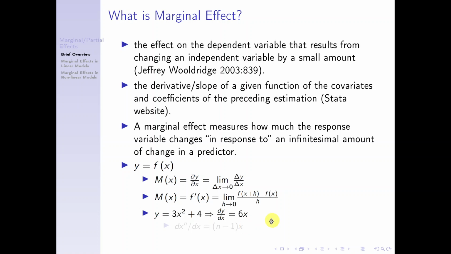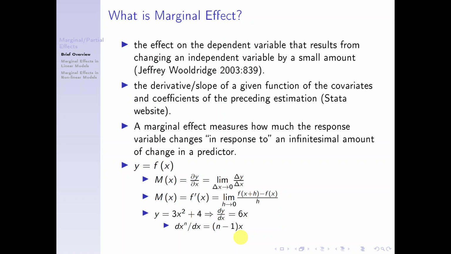In general, if we have a function of this form, x raised to the power of n, and we want to calculate its derivative, then simply the power becomes the coefficient, and the power is reduced by 1, multiplied by x. So this is all about calculus, and this class is not about calculus, nor do we have time to go in depth about calculus.